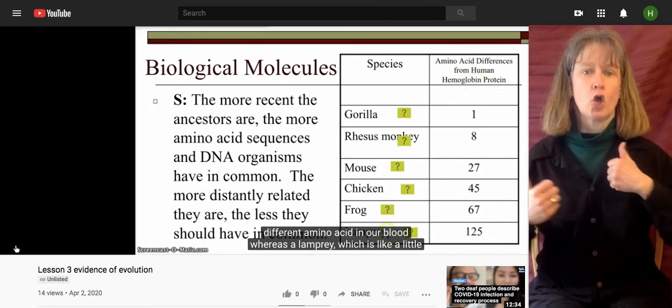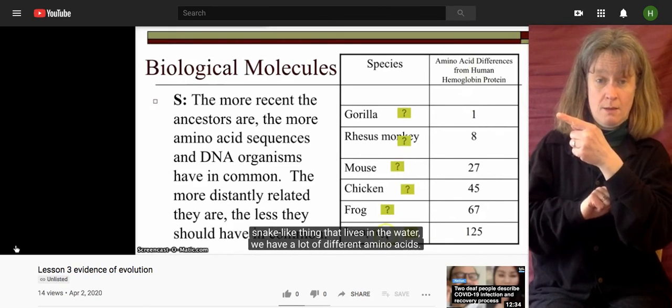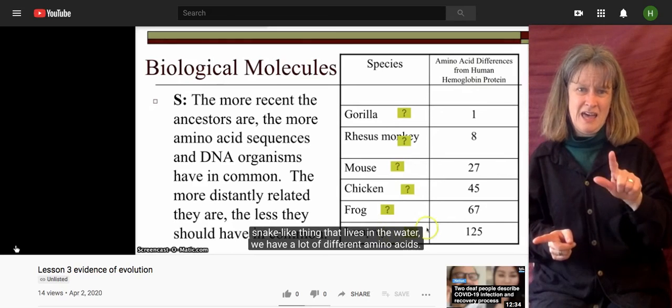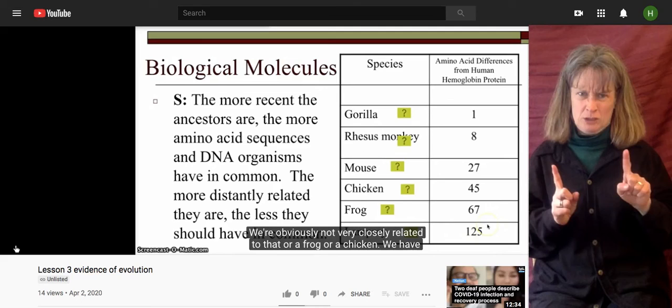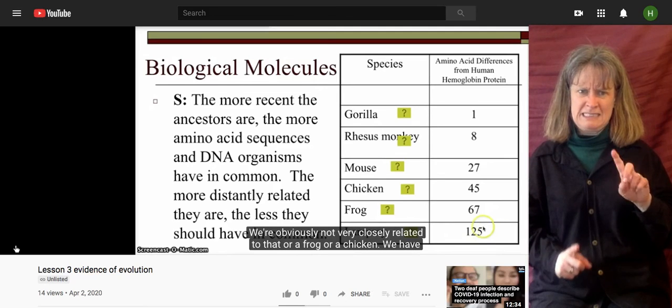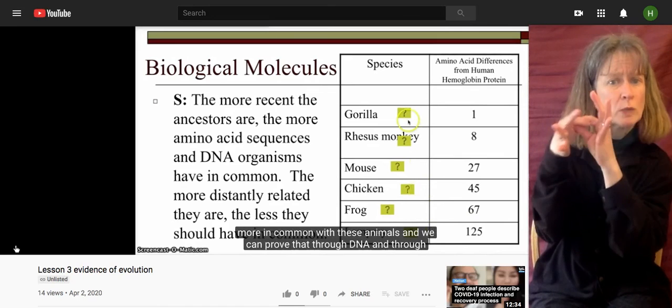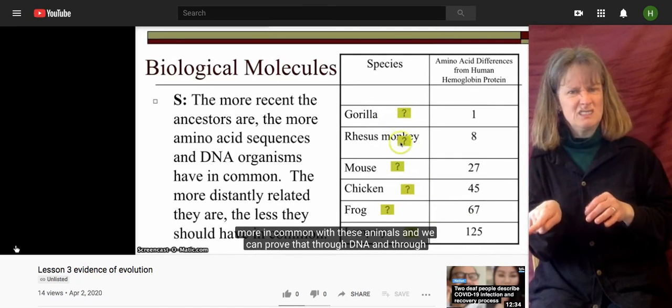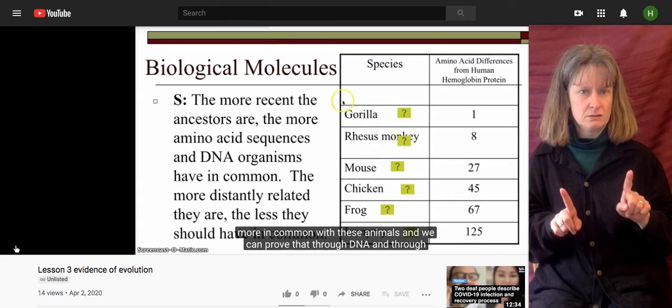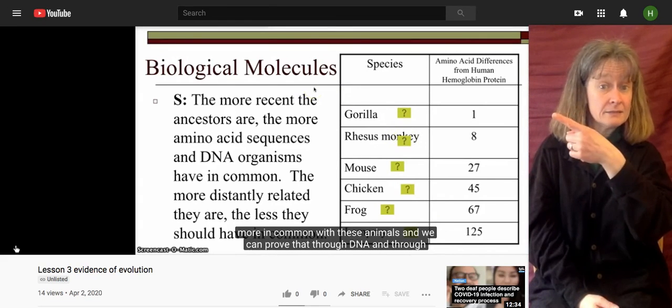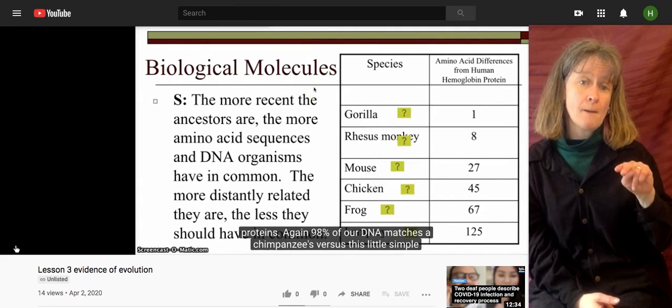Whereas a lamprey, which is like a snake-like thing that lives in the water, we have a lot of different amino acids. We're obviously not very closely related to that, or a frog or a chicken. We have more in common with these animals, and we can prove that through DNA and through proteins.